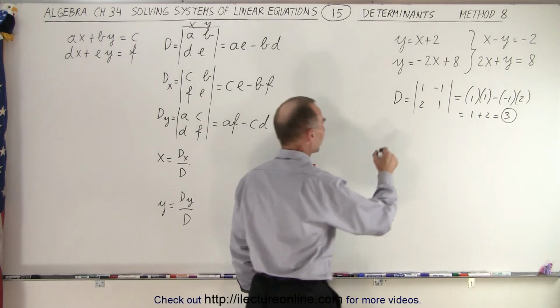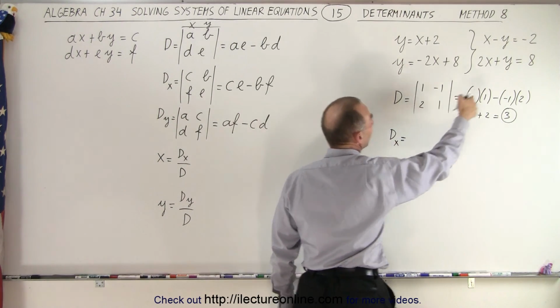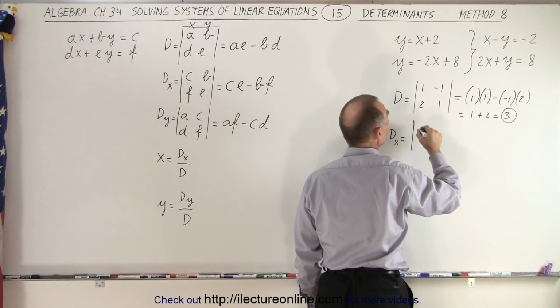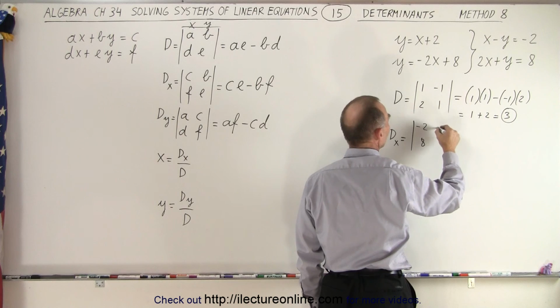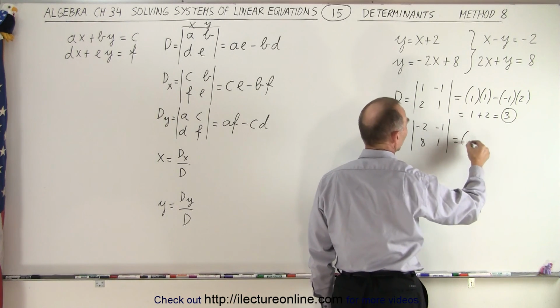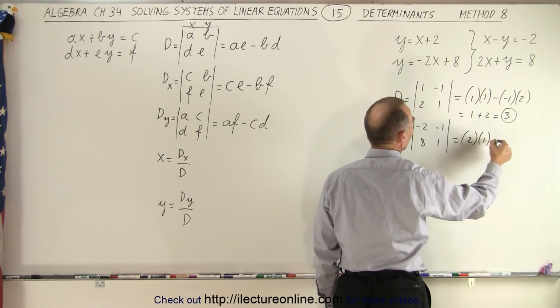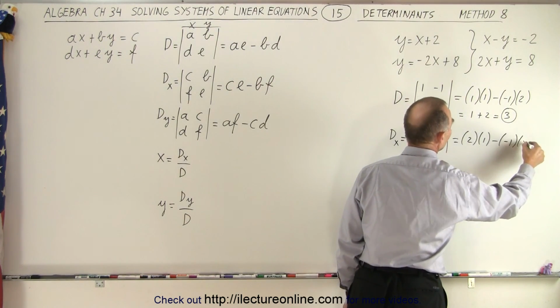Now let's find D sub x. So what we're going to do is replace those two by those last two numbers. So this gives us a -2 and an 8 instead of a 1 and a 2, and those stay the same. So this becomes the product of those two, which is -2 times 1, and we subtract from that the product of those two, which is -1 and 8.